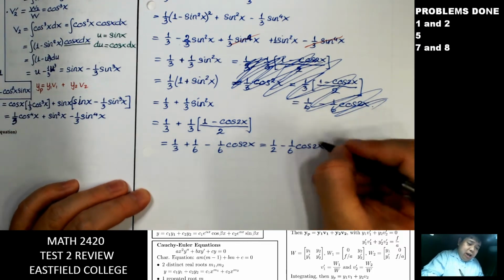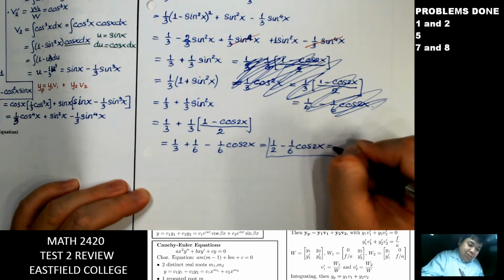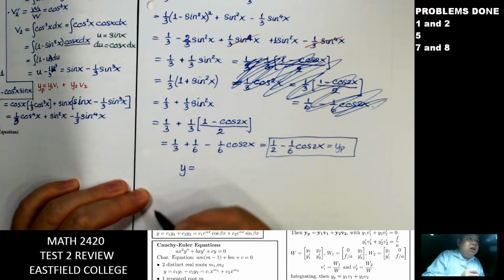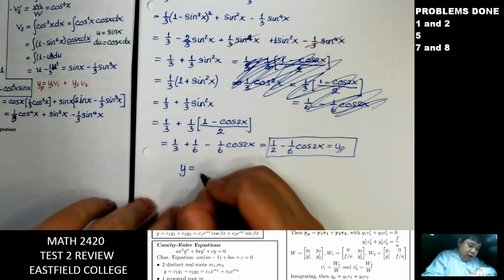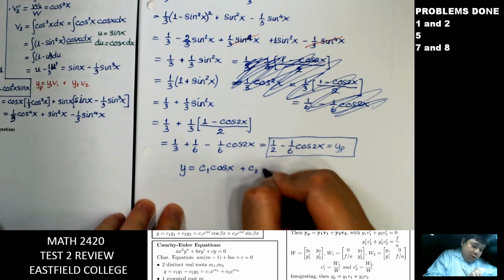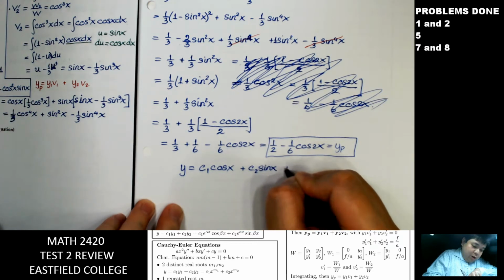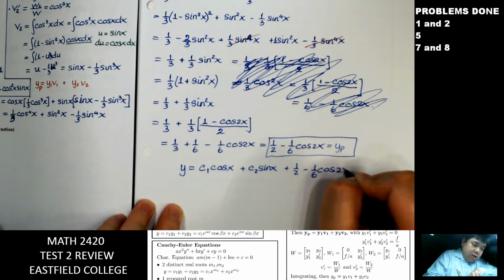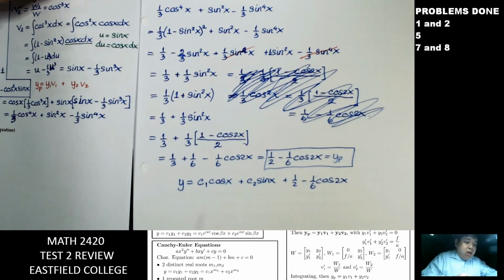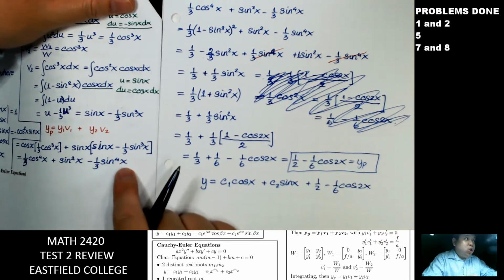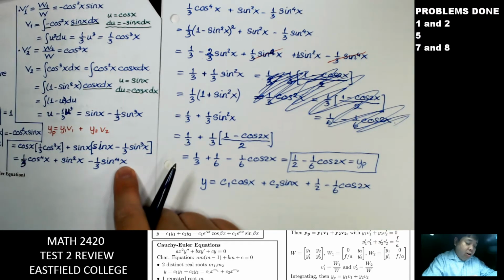But anyway, this is a particular solution, and combined with the complementary solution, we have C1 cosine x and C2 sine x plus 1/2 minus 1/6 cosine 2x. By the way, on the test you don't need to do this. The particular solution in this form is perfectly fine.